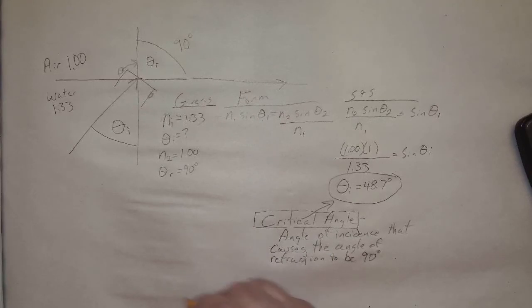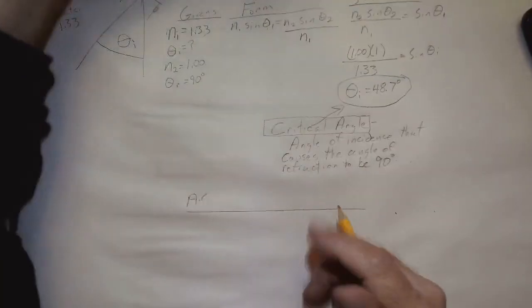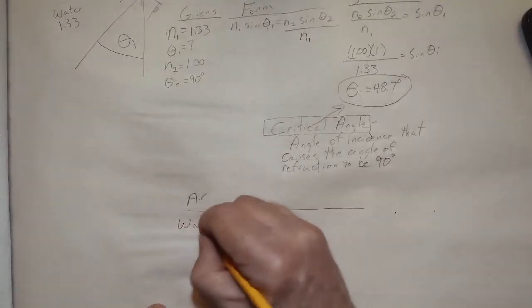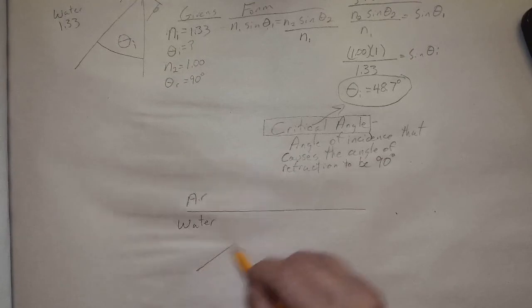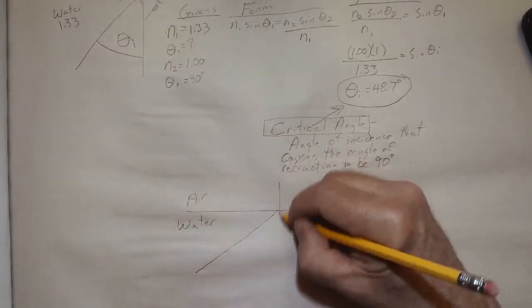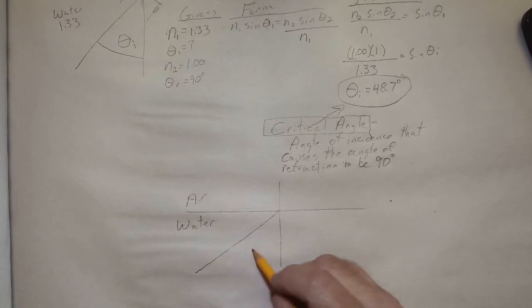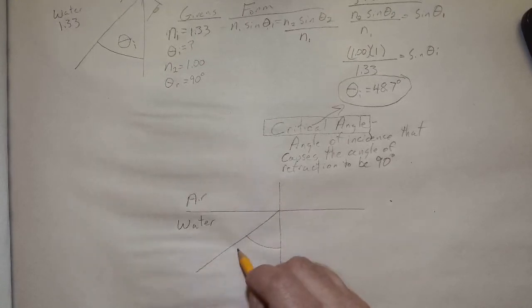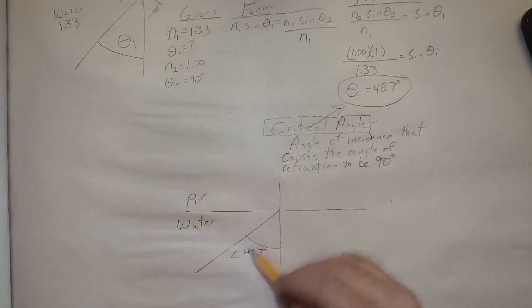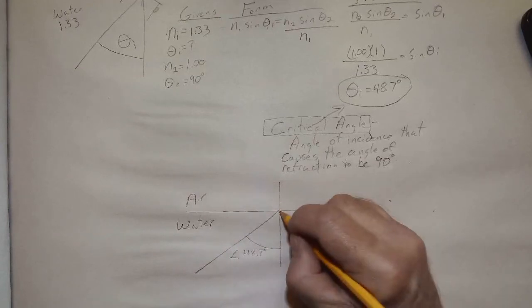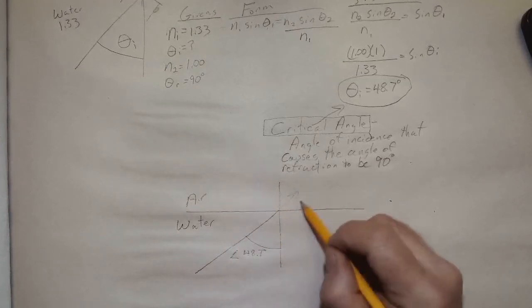So let me redraw this. Air, water. Now I've exceeded the critical angle here. Here's my normal. All I have to know is that this angle down here is greater than 48.7 degrees. No light, nothing escapes here.